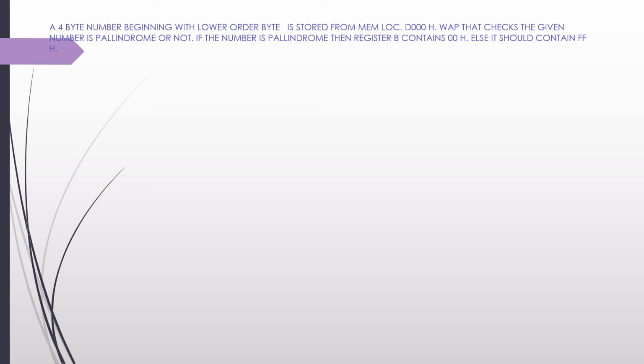So here in the example, it is a 4-byte number. So a 4-byte number is what? 1 2 3 4 4 3 2 1. If this is the number which you store in 4 consecutive memory locations, then B register should contain 00H. If the number is 1 2 3 2 4 3 2 1, then it is non-palindromic.